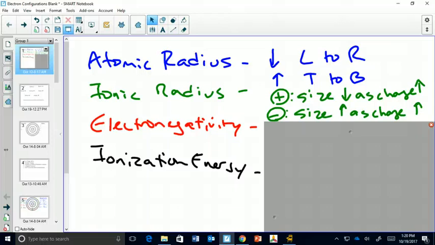Sir? The second one is top to bottom, right? So it's not part of the atomic radius. No, this is a different something. Was that connected to atomic radius? That's for atomic radius. Yeah. Right. As it decreases as I go left to right, it increases as I go top to bottom.